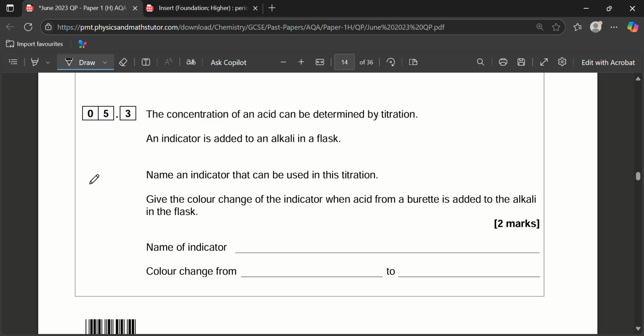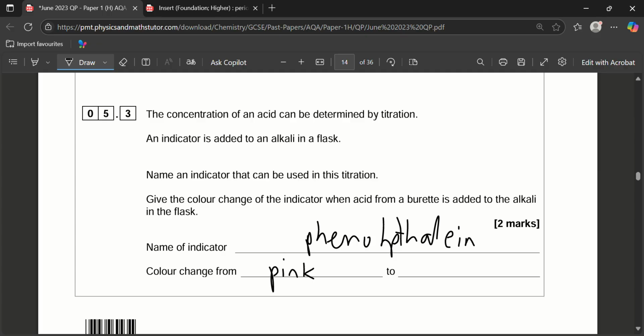5.3. An indicator is added to an alkali in a flask. Name an indicator that can be used in this titration. Right. I tend to just always go with phenolphthalein. Very difficult to spell. I don't even know if I spelled it correctly here, but we move.